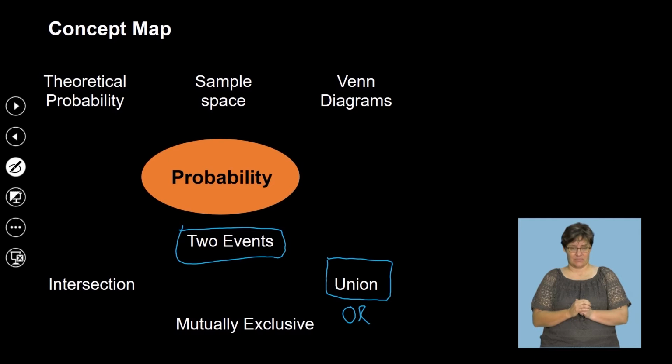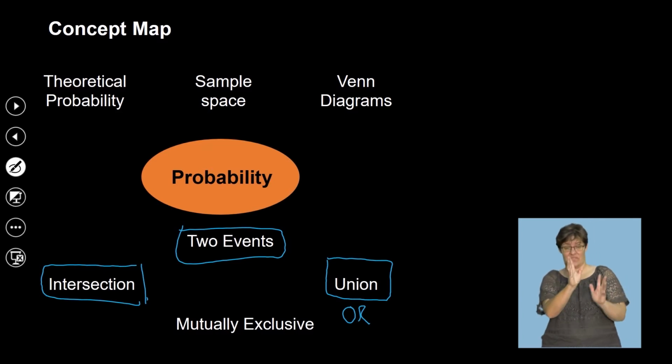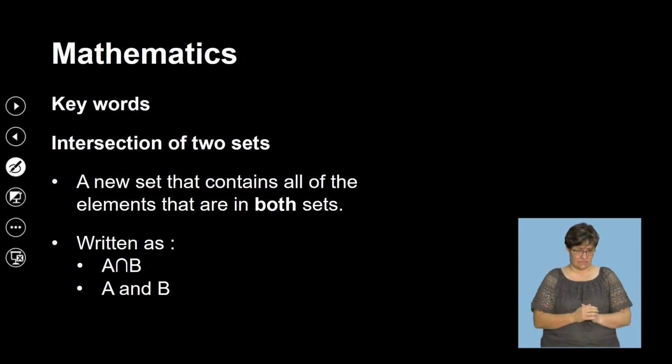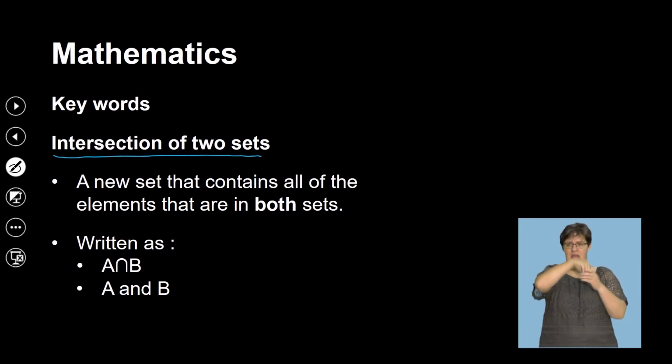Whereas what we want to look at is the idea of intersection. We've already seen that in terms of intersection, some two events have no intersection. And we're going to explain what this word then means. The idea of something being mutually exclusive. So right from the beginning, let's talk about intersection of two sets.